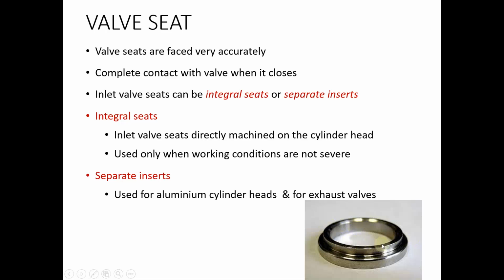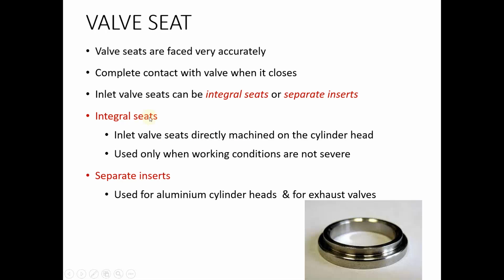You can see here the valve seat that was mentioned earlier. It is a ring shaped structure that is press fit into the hole that is drilled in the engine cylinder. So valves come and sit on these valve seats.